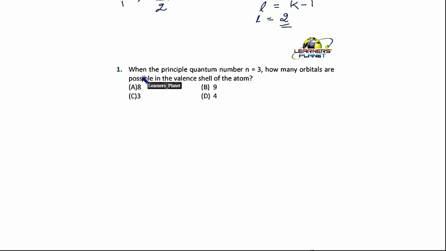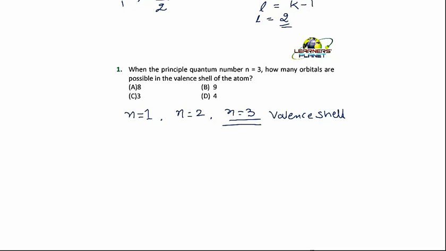So now let's start some questions based on this. When the principal quantum number n is equal to 3, how many orbitals are possible in the valence shell of the atom? Principal quantum number can be n is equal to 1, n is equal to 2, and then only there would be n is equal to 3.